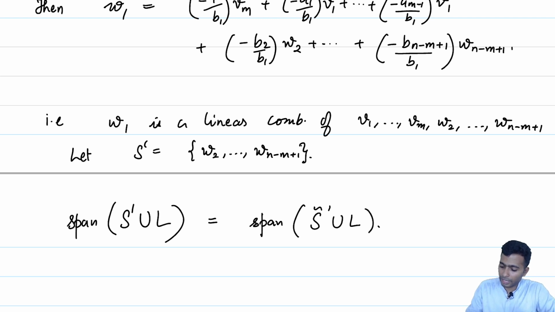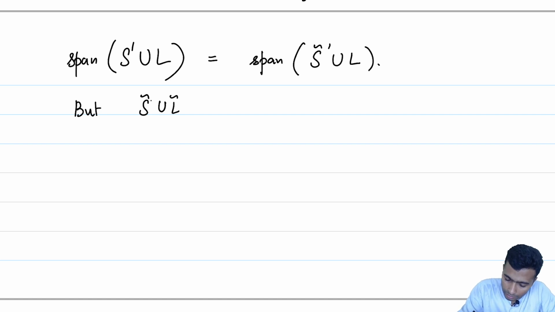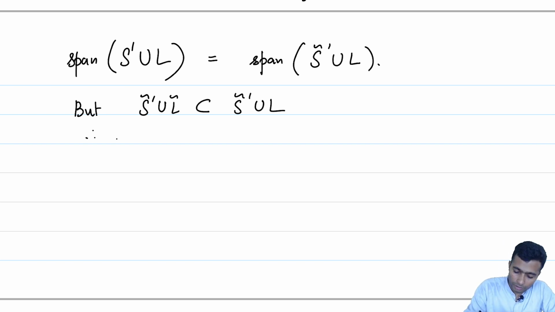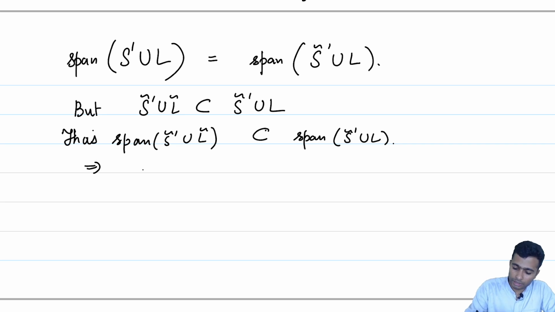But S tilde prime union L tilde is a subset of S tilde prime union L, and therefore the span of S tilde prime union L tilde, which by the way is equal to the vector space V, is contained in the span of S tilde prime union L, which implies that S tilde prime union L is a spanning set.